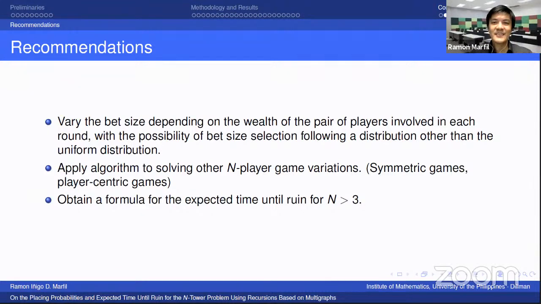Yung placing niya ay ang assumption na at this point, kung kunwari tumigil tayo dito at ang wealth natin ay 4, 3, 2, and 1, kapag tinuloy yung game, ito yung probability na first, second, third, and fourth.